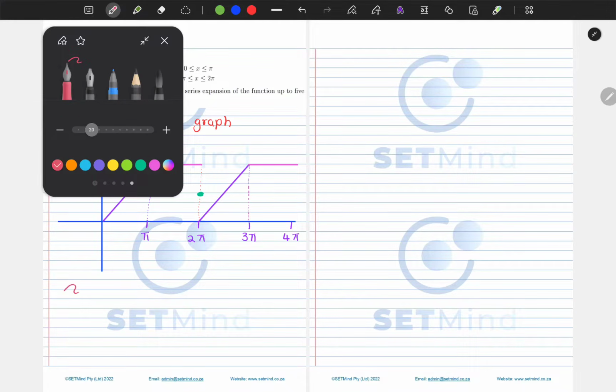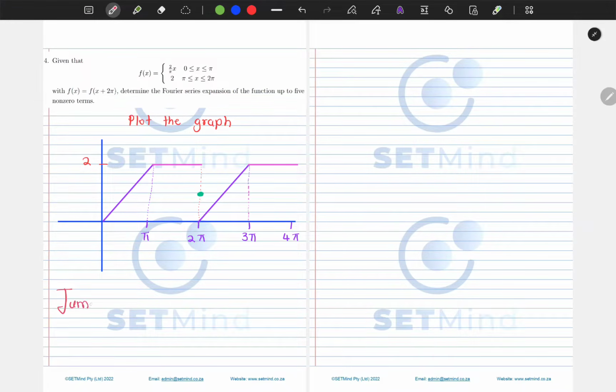So whenever there's a jump, I need you to note that what you are going to do is take the function value on the right of the jump. Let's say the jump is at a. Take what the value of the function is on the left of the jump, add them, and then you divide by 2. That becomes the value of your Fourier series.